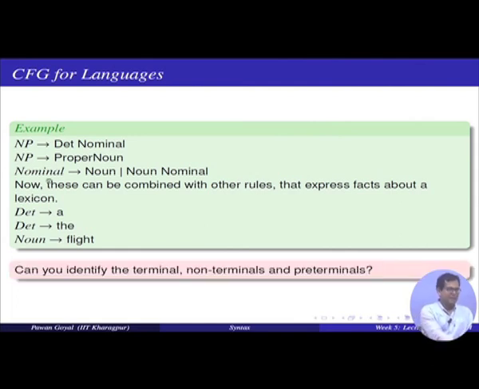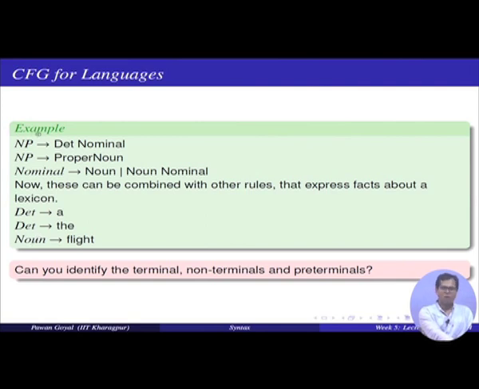Now here, can you identify what are the terminals, non-terminals, and pre-terminals? Terminals are the words in my lexicon. So a, the, and flight are my terminals. Pre-terminals are the grammatical categories or part of speech categories that will always give me terminals. Can you see that? Determiner and noun are only giving me terminals. So these are my pre-terminals.